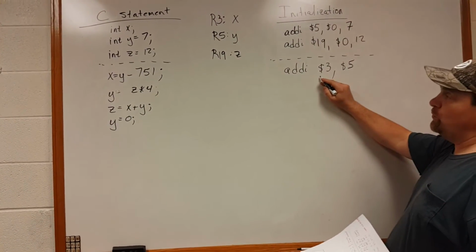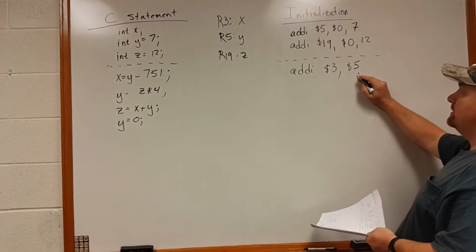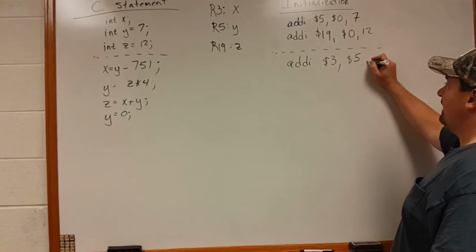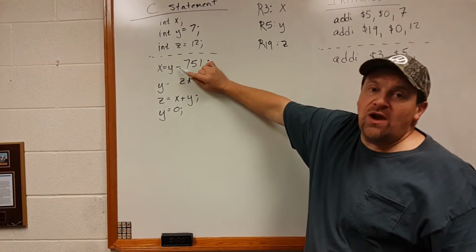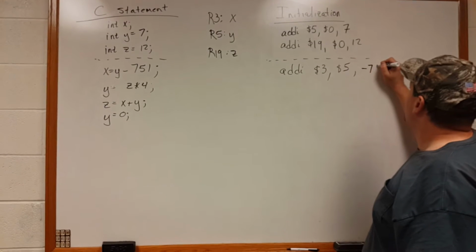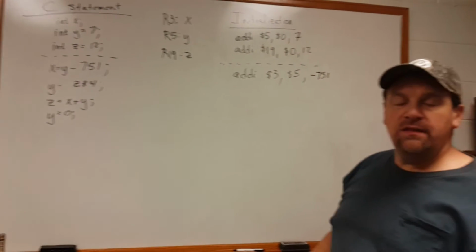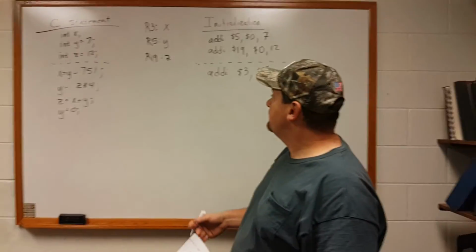So, into R3, which is x, we add y, which is register 5. Now, you might be confused because there's a subtraction sign, but what we do is we put in the immediate negative 751, and that's how we use an add immediate as a subtraction.